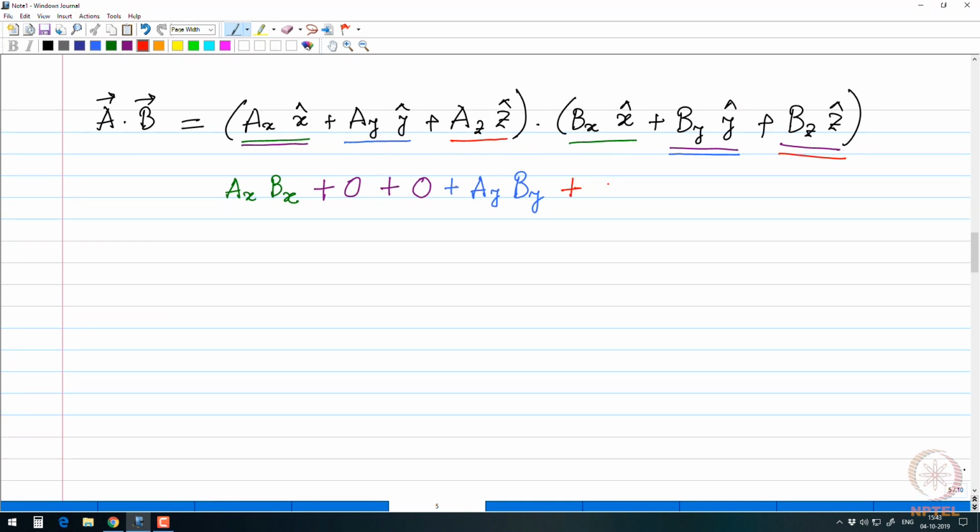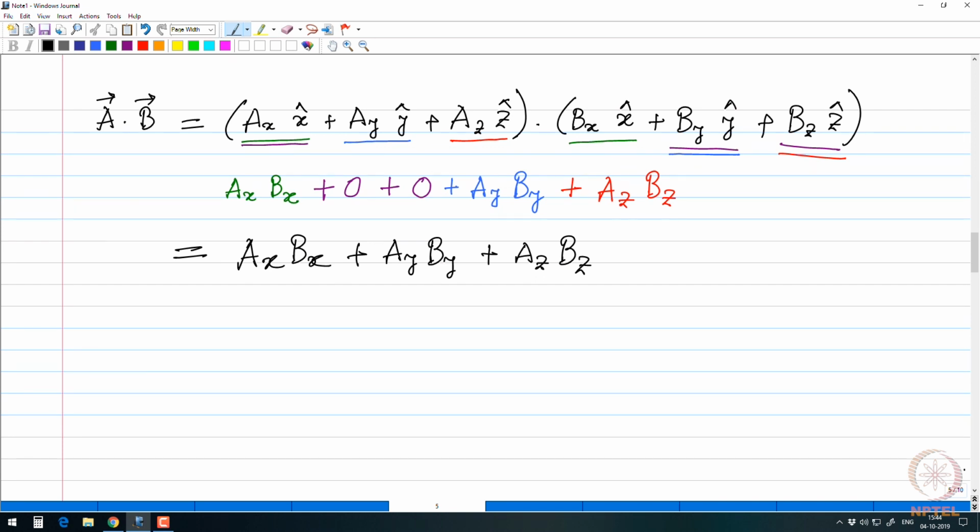So, we get here Az Bz. That means the dot product that we are interested in becomes Ax Bx plus Ay By plus Az Bz.